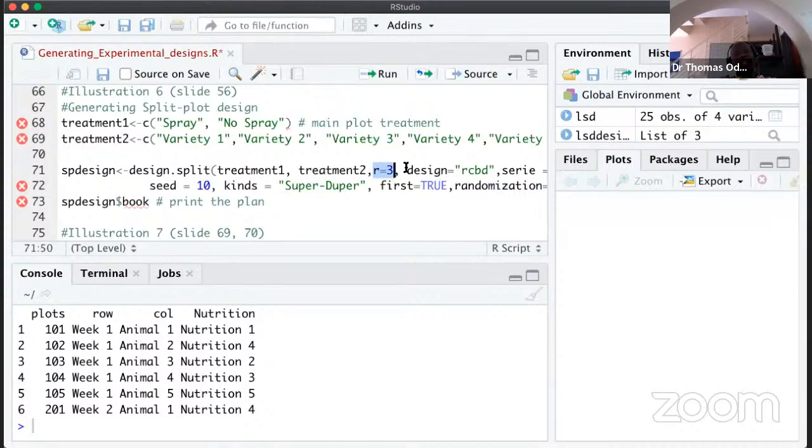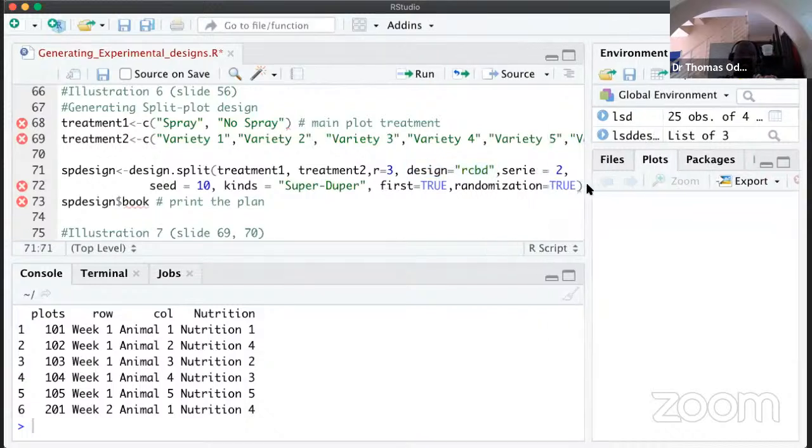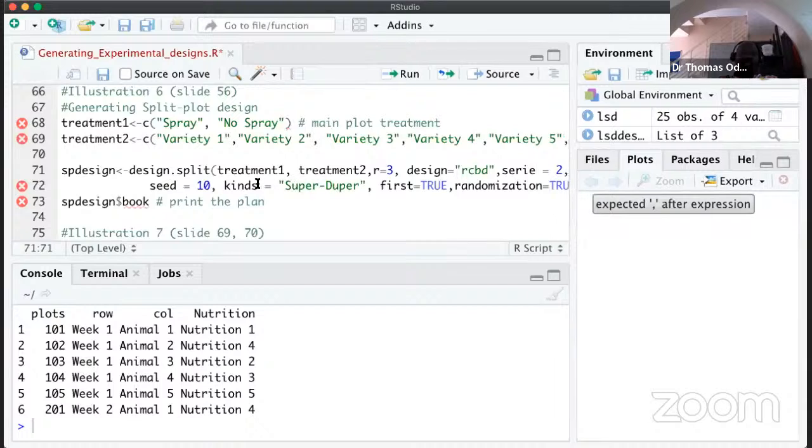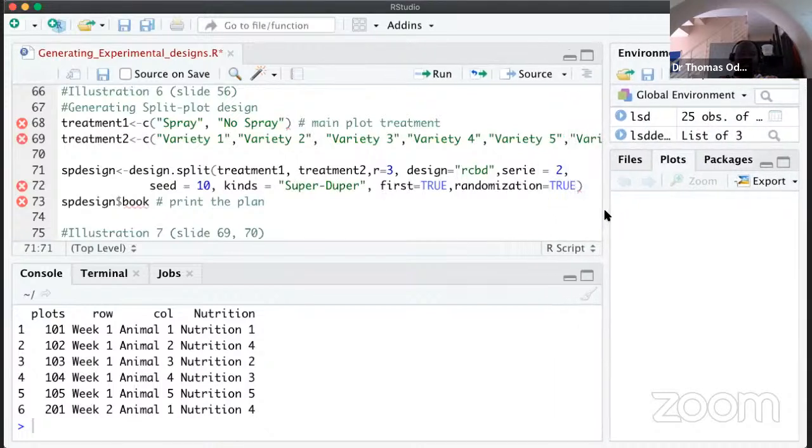And then you need to decide which design you have. Remember, split plot can be with any of the designs that we have. So here we say with the RCBD, and then we have the series. We know what the series does. And then we have the seed, the kind, and randomization.